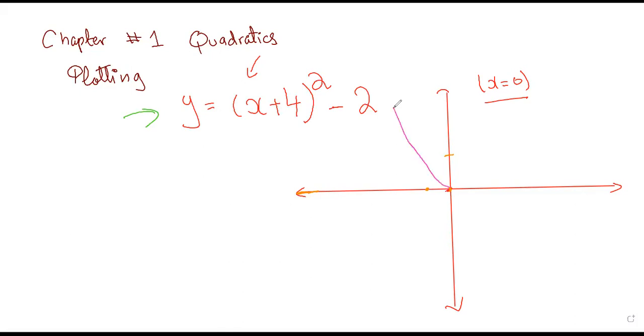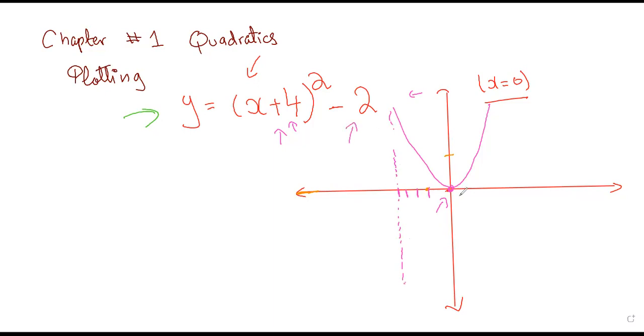This is the general form, but we know that when we are adding something to x, this point shifts to the left side by that many units, right? So this is 1, 2, 3, 4. This point will come somewhere here, and what would be the value of y? The value of y will be -2.